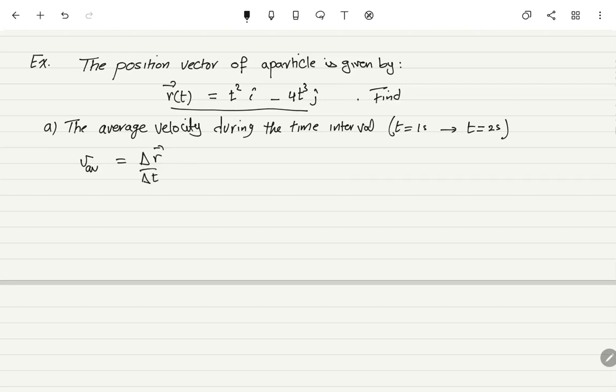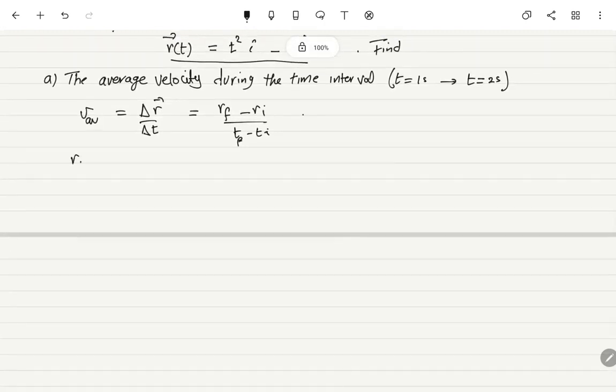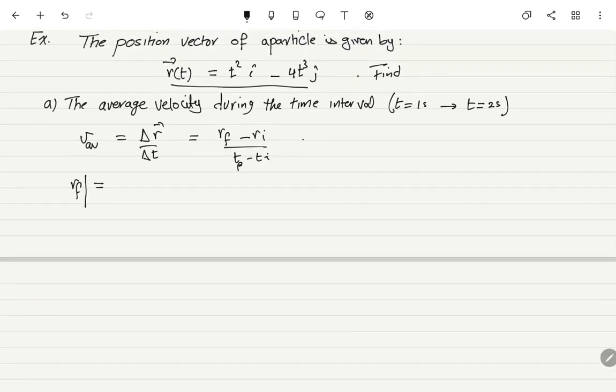So we need to find r final minus r initial, divided by t final minus t initial. In this case, r final is the position vector when t equals 2 seconds.